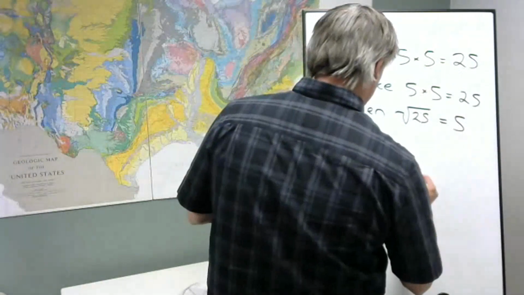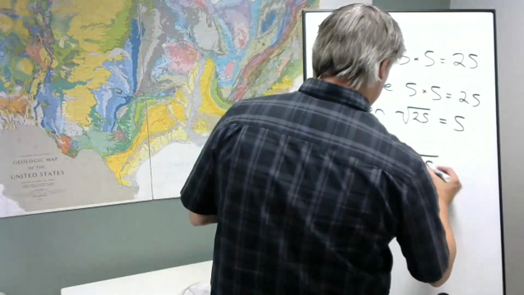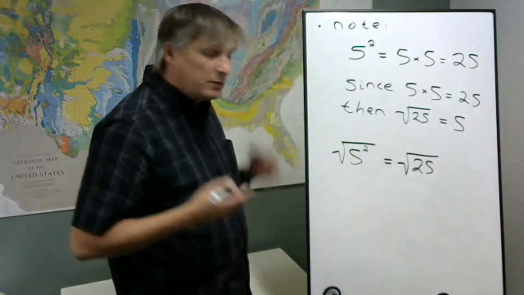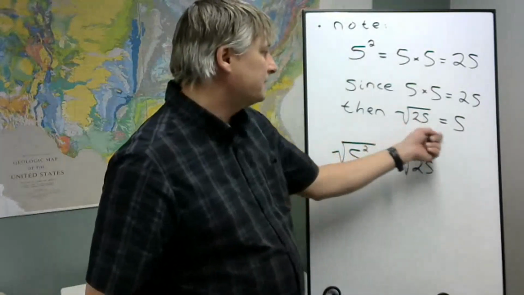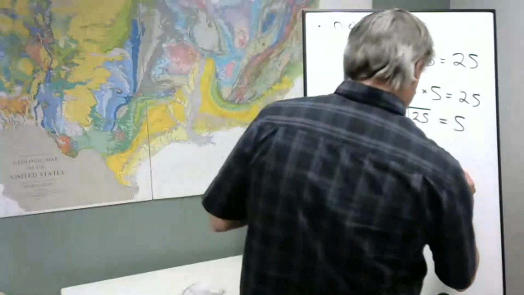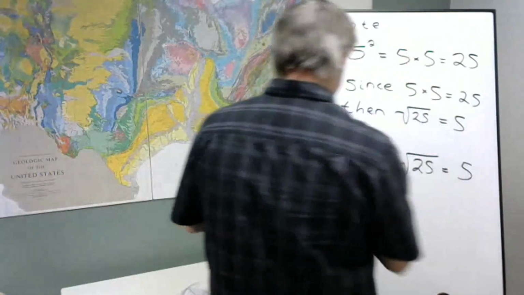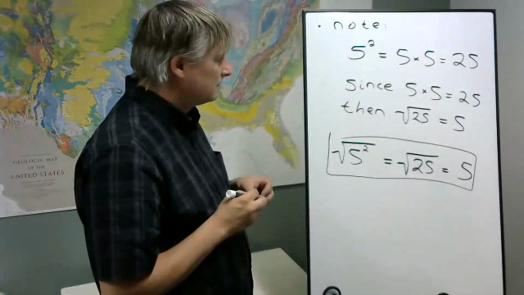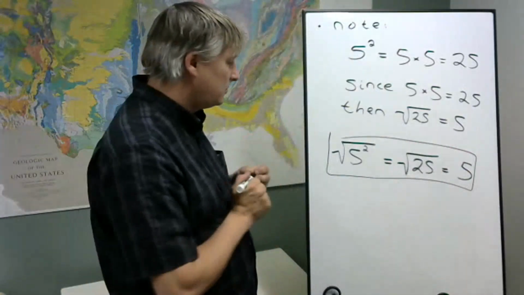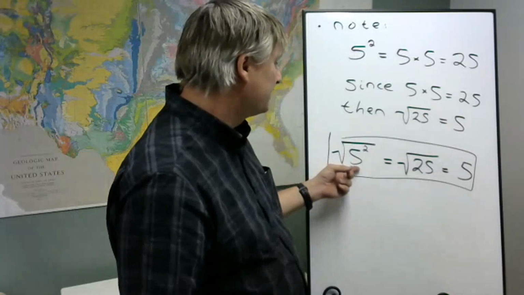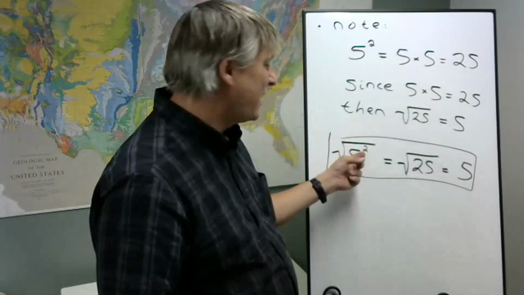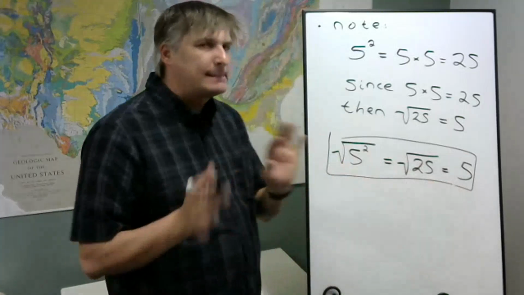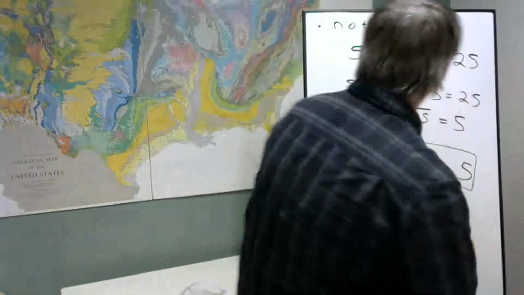Well, this will be the square root of 25, the positive square root of 25. And we know what that is. It's 5. So with the square root of 5 squared, it's like the square root and the square cancel out. They just leave you the 5. Oh, it's kind of neat. A little more complicated. Let me show you this.